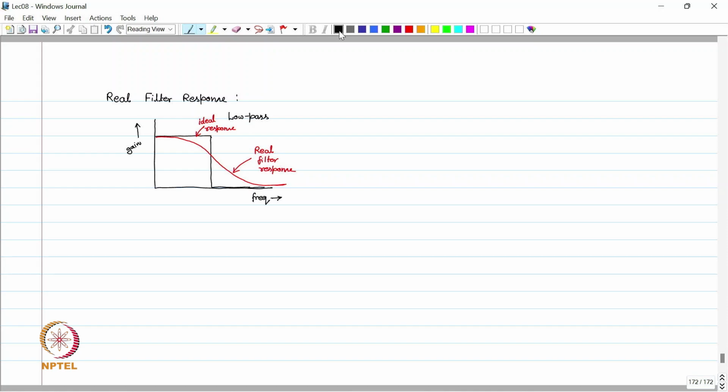Similarly, we have something called a high pass filter, where the low frequencies will be cut down and only the high frequencies will pass through. The desired response is like this.